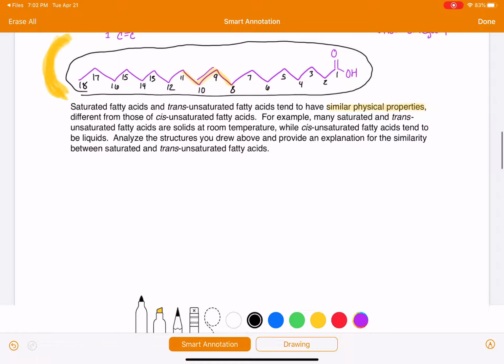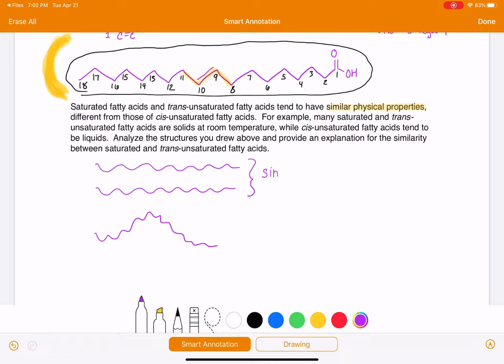So if we were to draw a cartoony representation, saturated fatty acids kind of have this shape to them, and trans unsaturated fatty acids kind of have this shape to them. But cis fatty acids are not straight, they have a kinked up and uneven shape. Because the shape of the saturated and trans unsaturated is similar, they have similar physical properties.